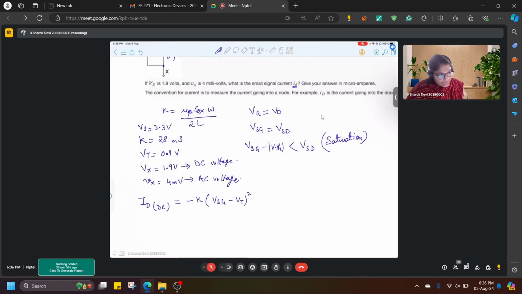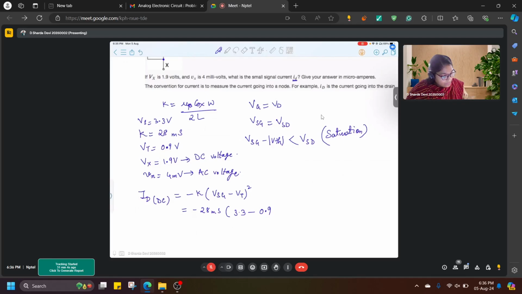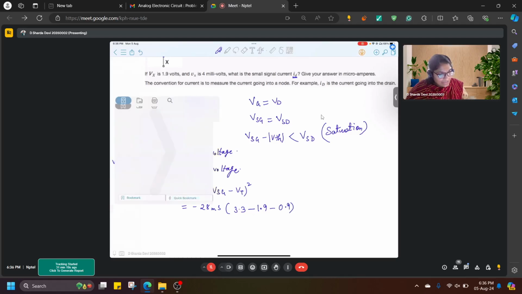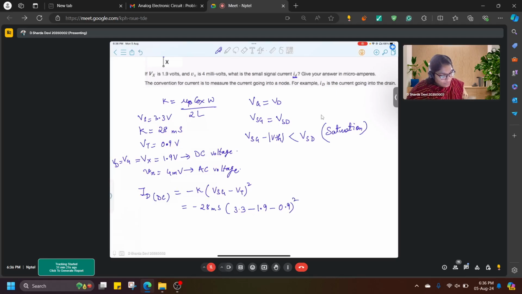So this is minus 28 millisiemens times (3.3 minus 0.9 minus 1.9, because VG is equal to VD, minus VT, which is 0.9) whole square.